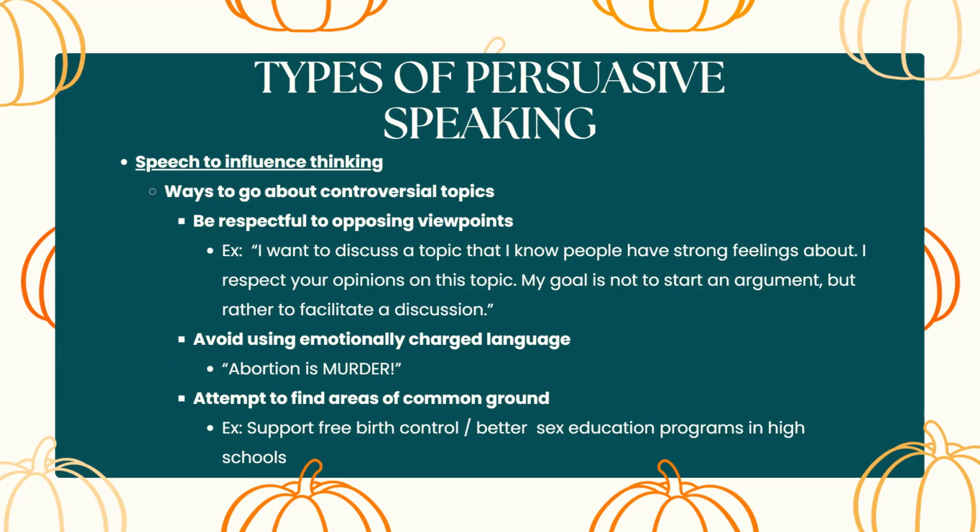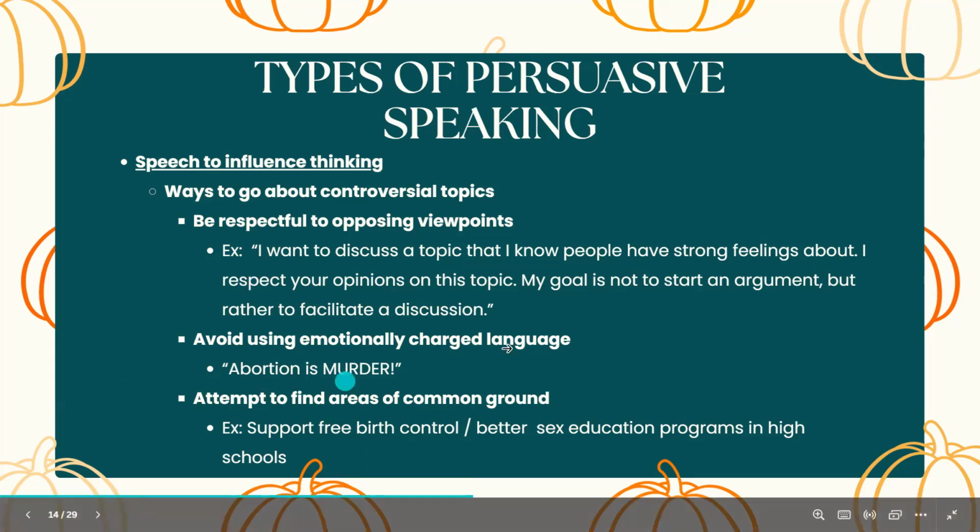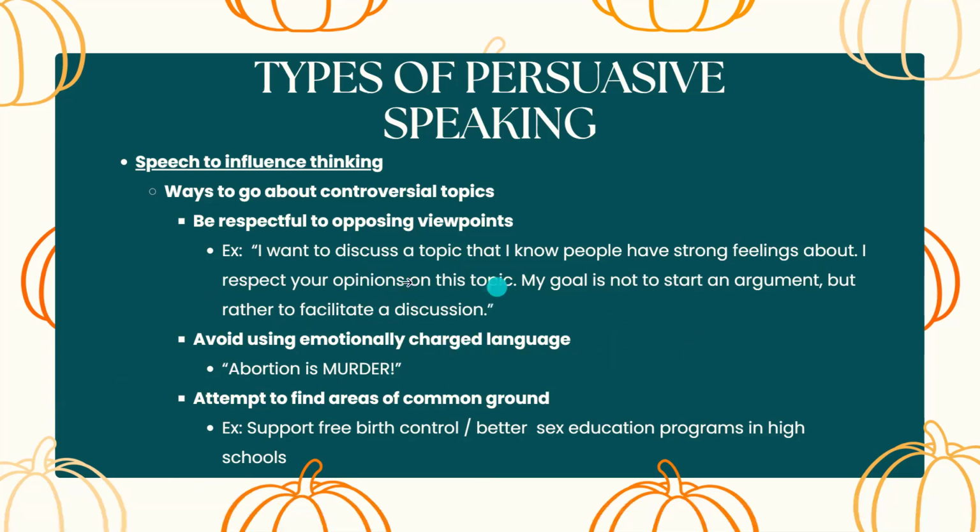Language that's emotionally charged is super intense and puts a negative or super positive view on something. Remember, if someone's on the fence or against what you're saying, this is almost like you're trying to fight them. Once you get the emotionally charged language in, you're not just trying to facilitate a discussion. You're like, I'm right, you're wrong, and there's no discussion about it.